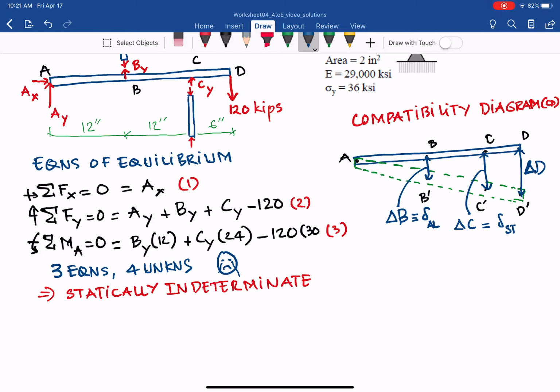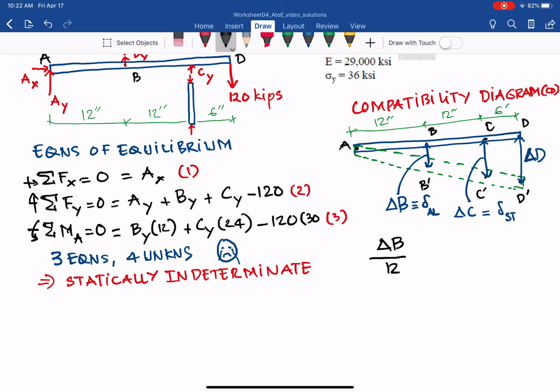So what is the equation? You have the two rods, aluminum and steel, and the distances here are 12 inches and 24 inches. So we have the equation from the compatibility diagram that can be written as delta B over 12 inches equal to delta C over 24 inches.